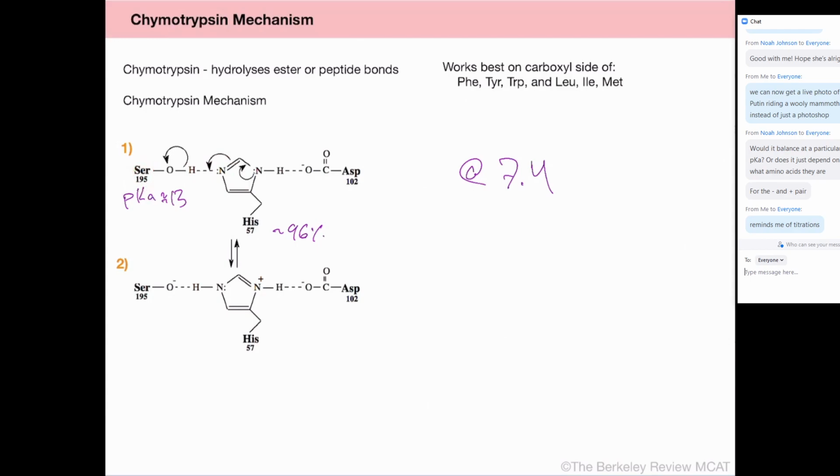What that does is it leaves the serine as an alkoxide, which is a very strong base and a great nucleophile. So this is going to want to find a reactive center, like a C=O bond, a carbonyl bond. If you have a substrate floating in here, this is going to want to attack it.